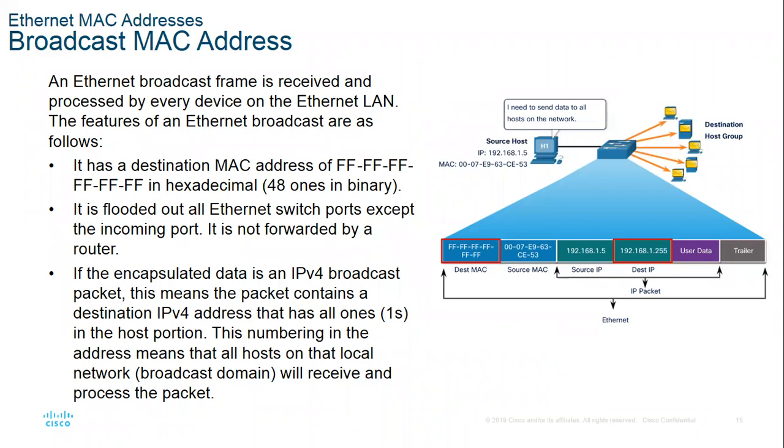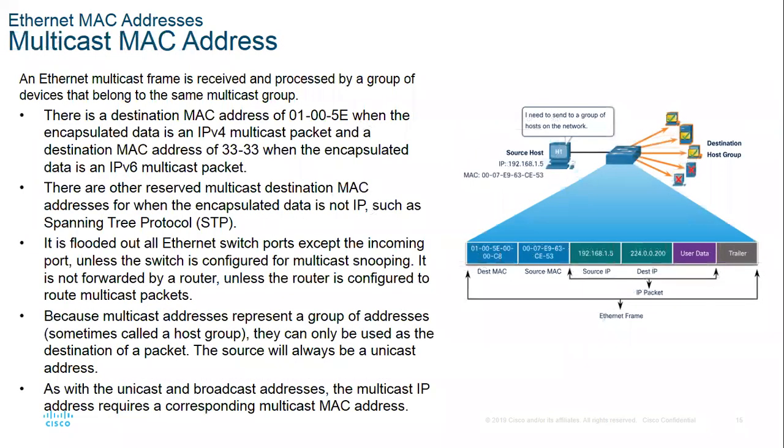Okay, we will see next the multicast address, which is the destination MAC address if it's encapsulating an IPv4 multicast packet. So the destination MAC address will start with 01-00-5E. Where do we use a multicast MAC address?